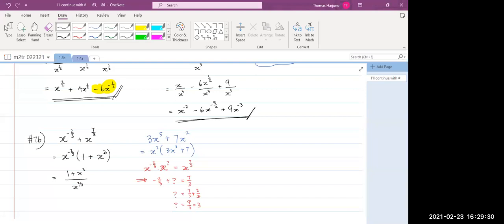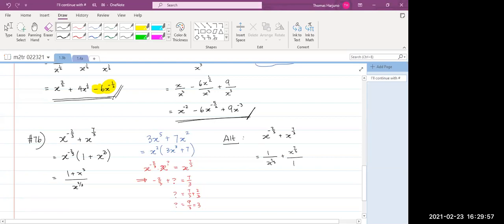This is how I will do it, though our textbook or somebody else may approach it slightly differently. Let me show you the other way to do it. You may just rewrite that into 1 over x to the 2/3, plus x to the 7/3.